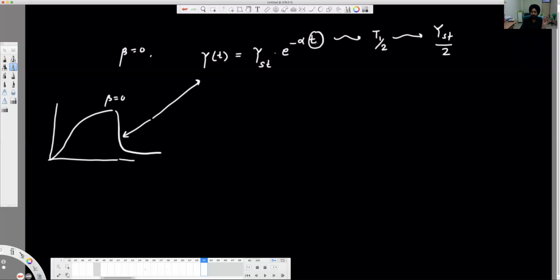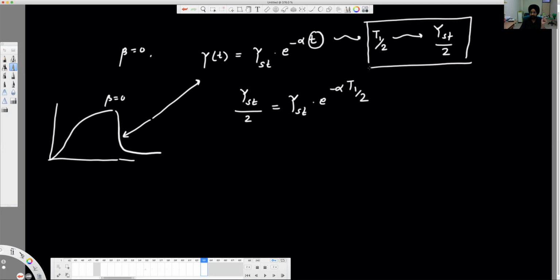So now if I replace small t with the capital T half, then I can write it as YST by 2, because I reach half the steady state, and I write T half here, right? Considering what the definition of response time is: time taken to reach half the steady state. So this is gone. We got an equation. Remember, we are deriving our response time.